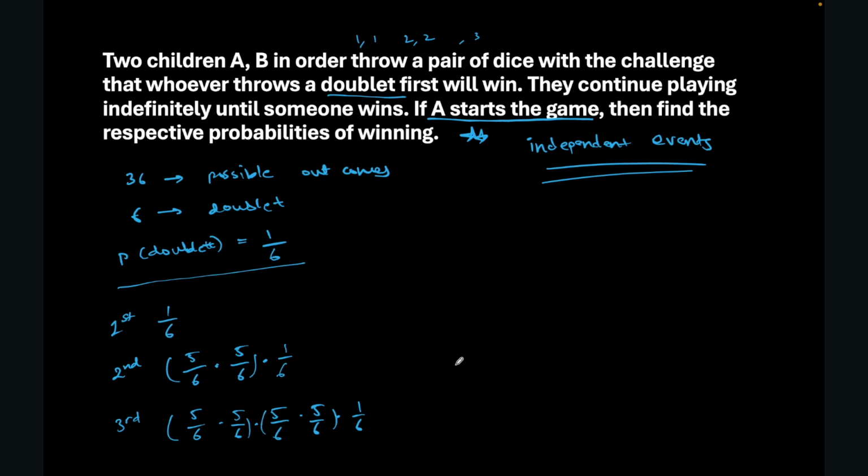I hope that makes sense. So you can kind of see a pattern happening here, right? The only way A can win is if B misses, right? So it's going to be 5-6, 5-6, again and again, like that. Another part is that they continue playing indefinitely.